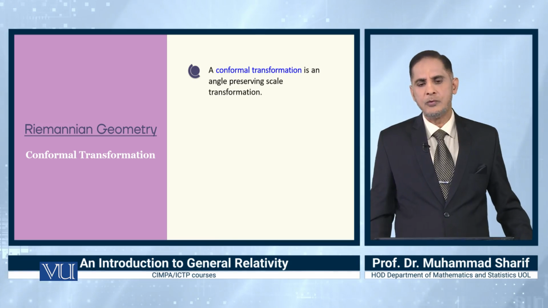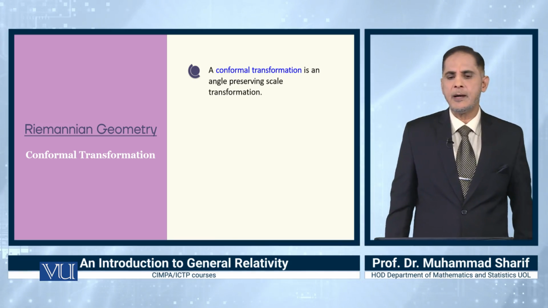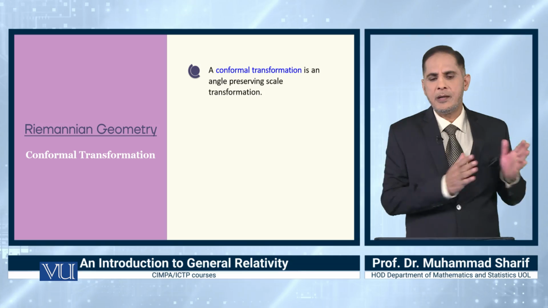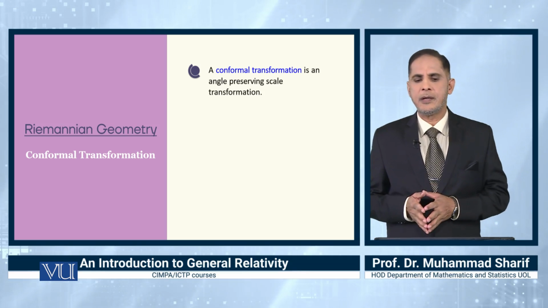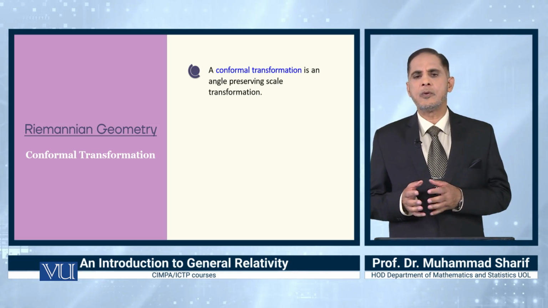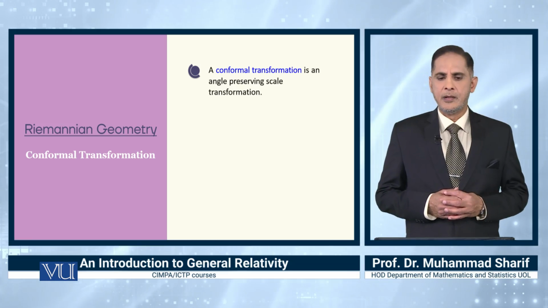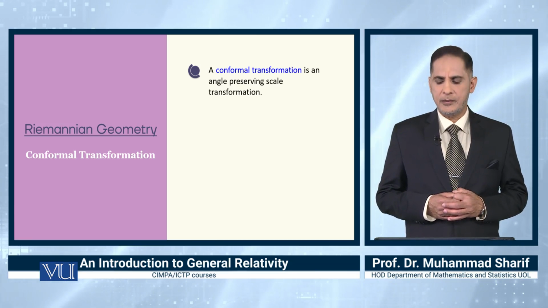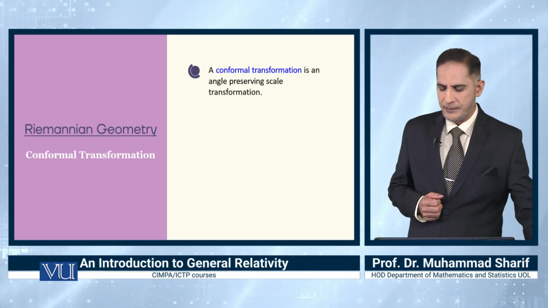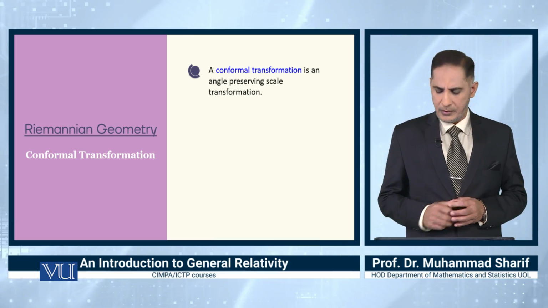We can move from one coordinate system to another, like we have taken the Cartesian to spherical polar coordinates, or from the 2-dimensional plane to polar coordinates, cylindrical coordinates, and so on. So there are many transformations, and conformal transformation is one of the interesting transformations. This is called an angle preserving scale transformation.